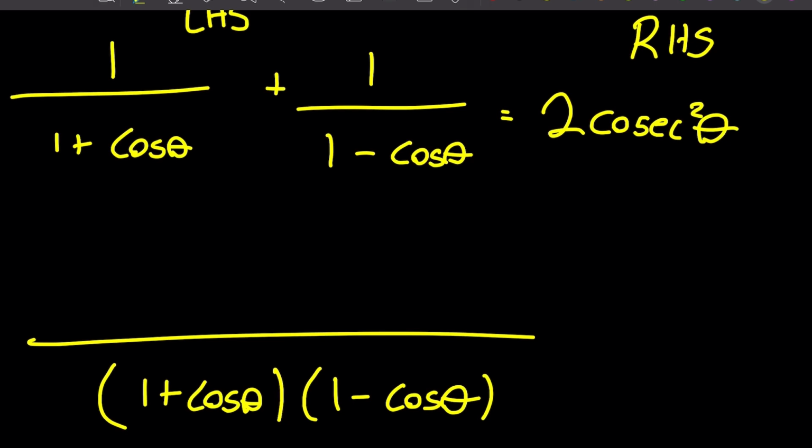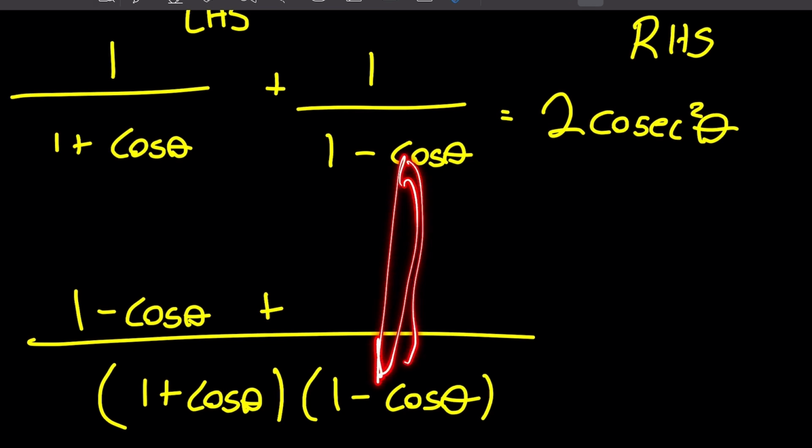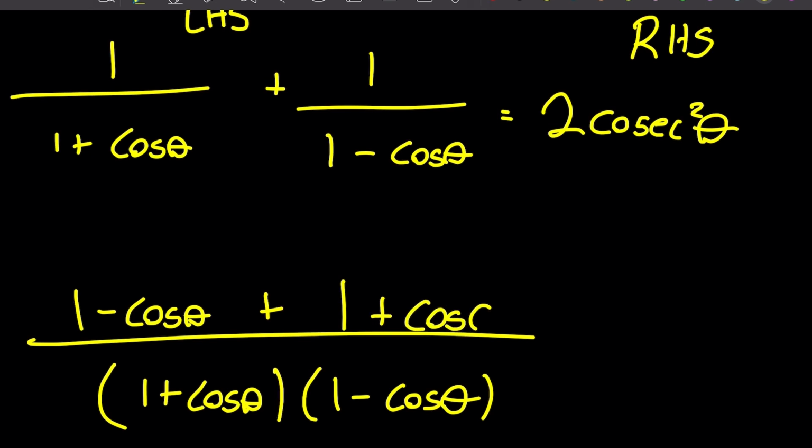So 1 plus cos theta into 1 plus cos theta goes 1 time, so it's going to be 1 times (1 minus cos theta), plus, and then this into this goes 1 time, so plus (1 plus cos theta). I'll put these into brackets so you'll see what I'm doing more.